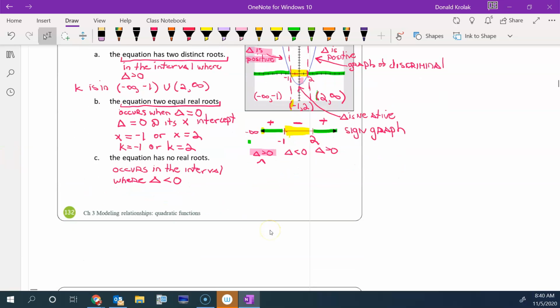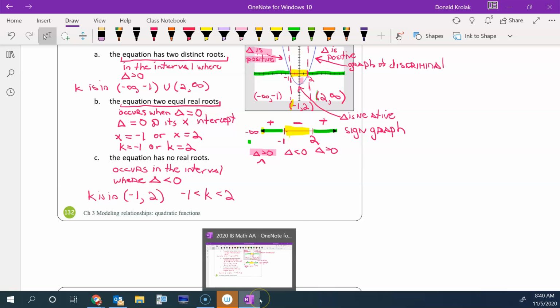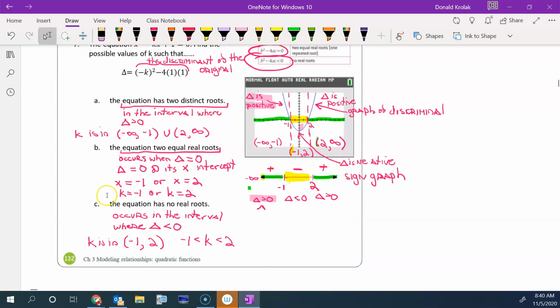There's only one place where delta is less than 0, and that is between -1 and 2. So K is in this interval, or we could write it like this. It's the same thing. So K values between -1 and 2, this original parabola has no real solutions.